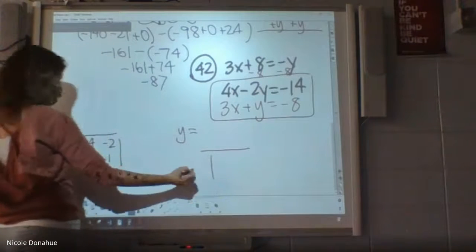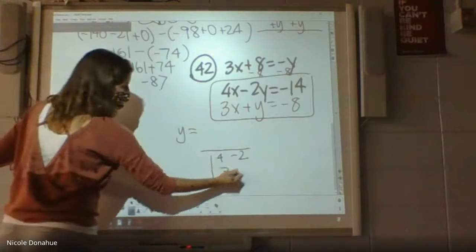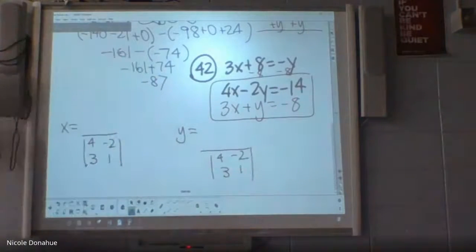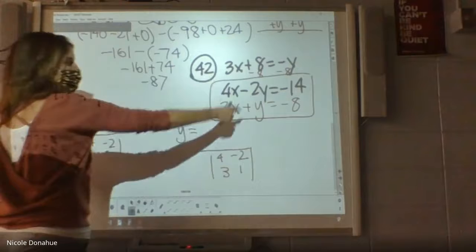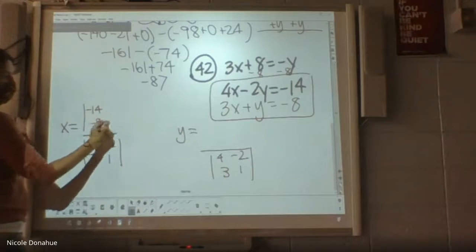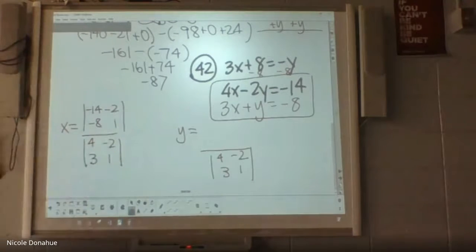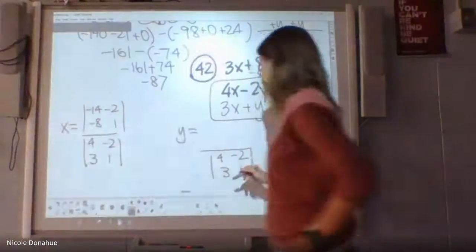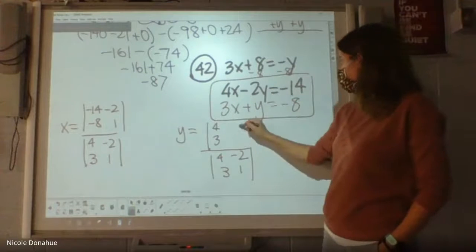On the bottom of both of them. And once I've done that, then on the top, I'm going to replace the x coordinate, or like the x spot, with the answers. And again, the formula will be on the test, but you have to know how to use it. So whether or not it's helpful if you memorize it or whatever. This goes in those slots.